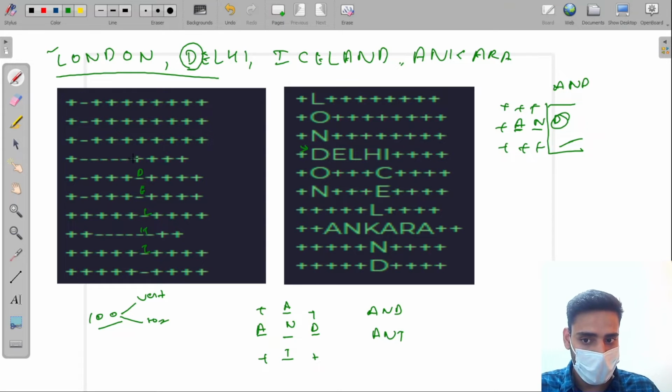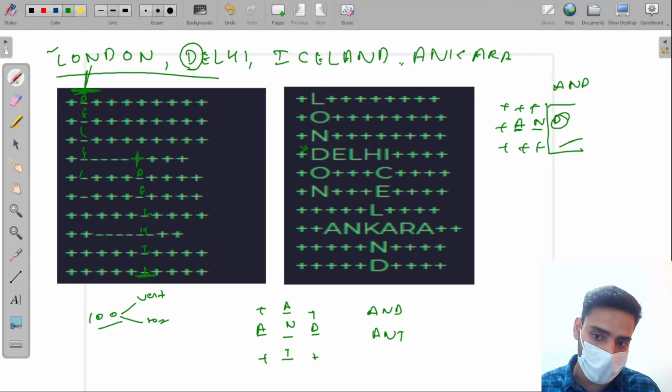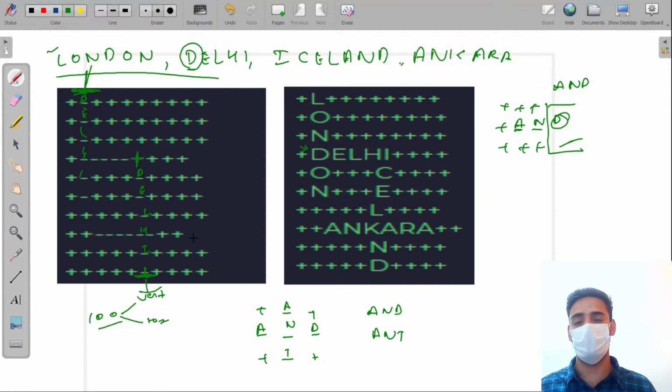When the word starts, above it will be a plus and below it will be a plus, not a dash. Or the second condition is that from wherever our word starts, above should be out of the array, like this is the starting of the array. This is accepted, no issue. And the second thing is accepted too: our word ends here and below we don't have anything. So this is also accepted.